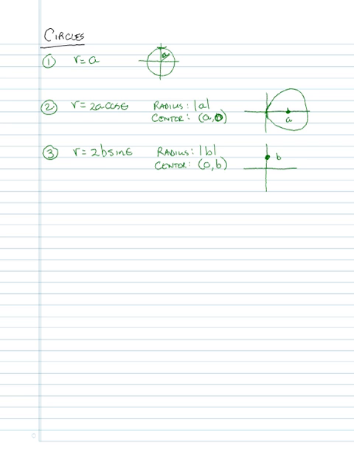And so the circle goes this distance again. It touches here, so we'd have a circle that looked like this. And once again, this radius is the absolute value of b. Up here, the radius happens to be the absolute value of a.